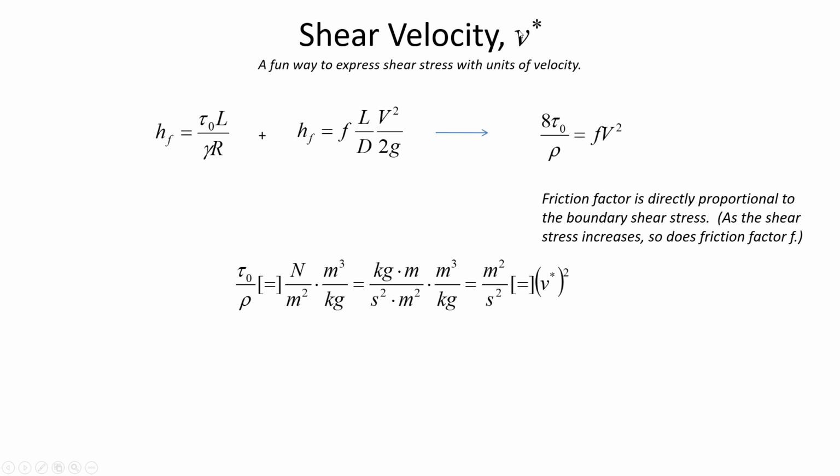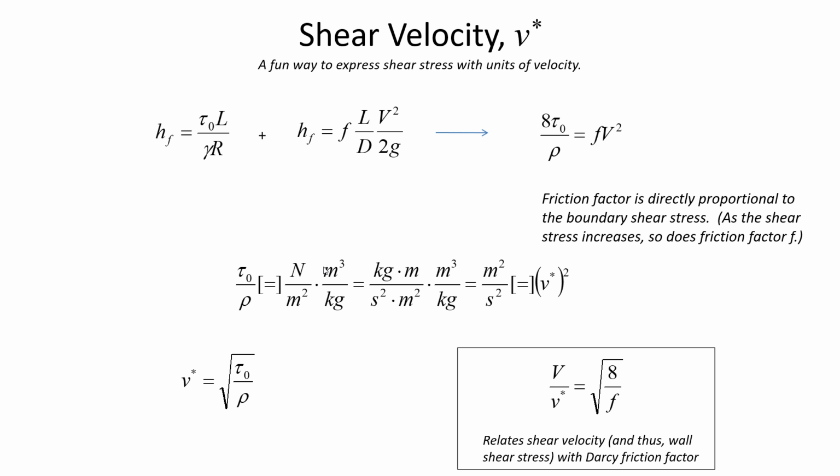So the idea with shear velocity is just to say, hey, meters squared per second squared, that sounds a lot like meters per second. So if we took the square root of shear stress divided by density, we could have this quantity with units of meters per second. So that's what they do with shear stress: they take the square root of the shear stress divided by density, and then we have some expression of the magnitude of the shear stress, and it's got these novel units of meters per second, length per time.